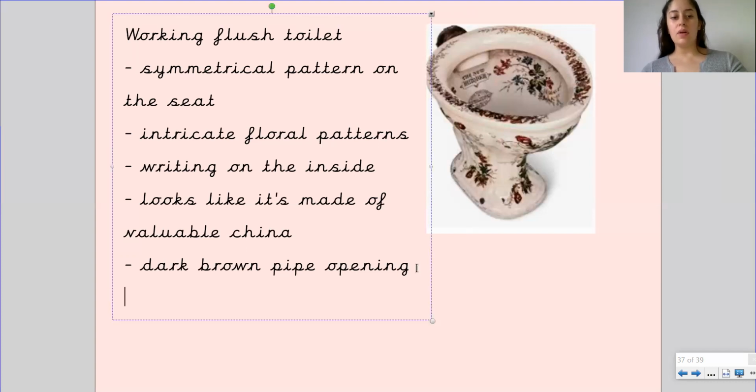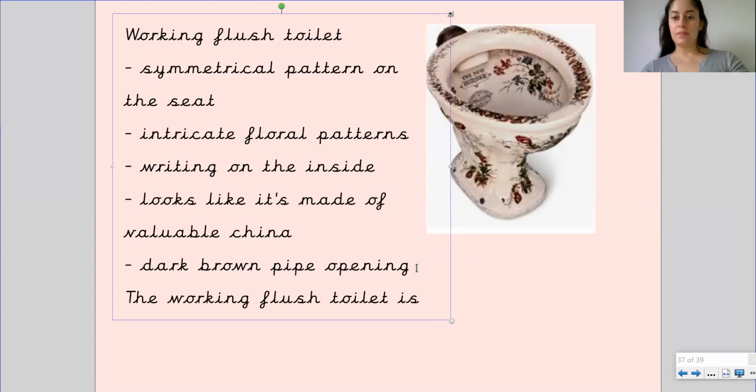So I'm going to start my paragraph by using the words working flush toilet, because I want to start it off so that the people who are reading this paragraph know what item I'm talking about. So the working flush toilet is, well, it's decorated, isn't it? Because it's got flowers all over it.